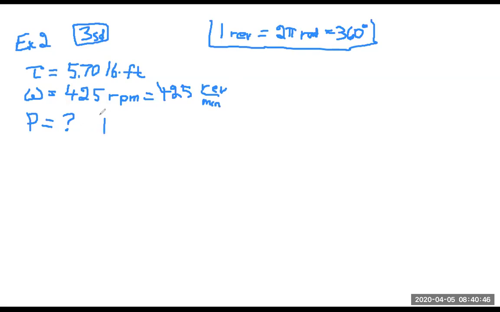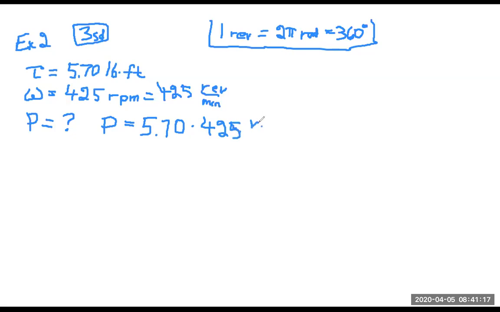So let's start with P is going to equal, and all my units are okay, so I'll tack them on at the end. It's going to be foot-pounds per second. So 5.7 times 425, and I'm going to have to write the units here because we've got to do a little converting.